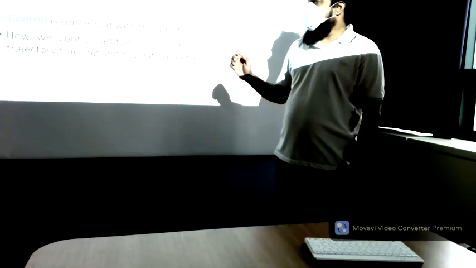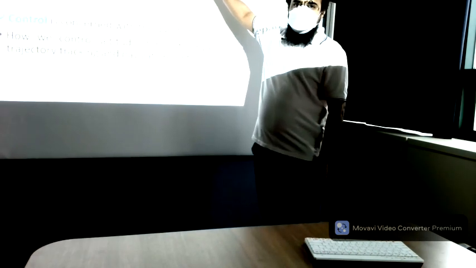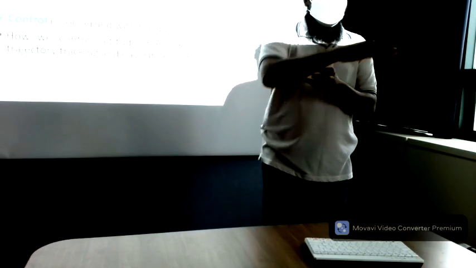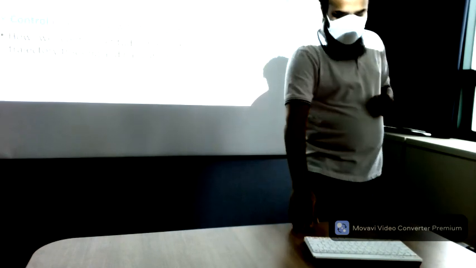Because sometimes, during guidance and path planning, many objects could come in front of the vehicle, so the vehicle can collide. The vehicle sometimes crashes because many objects surround it. So we want to control it so that the vehicle does not collide with any other object.